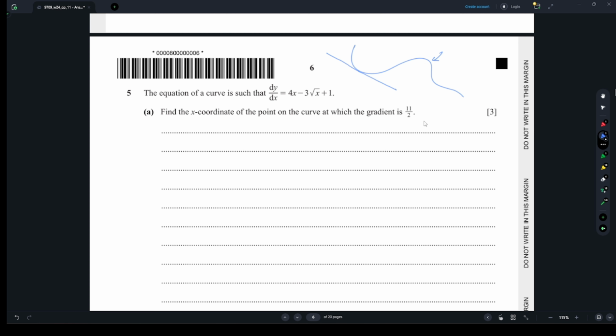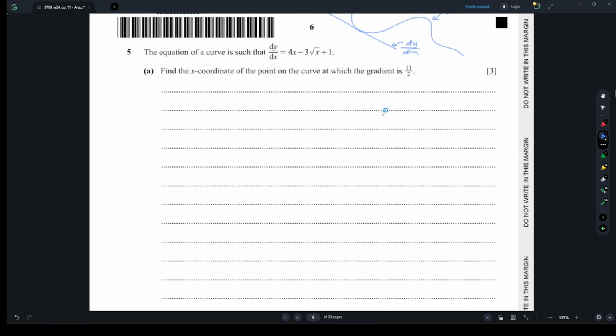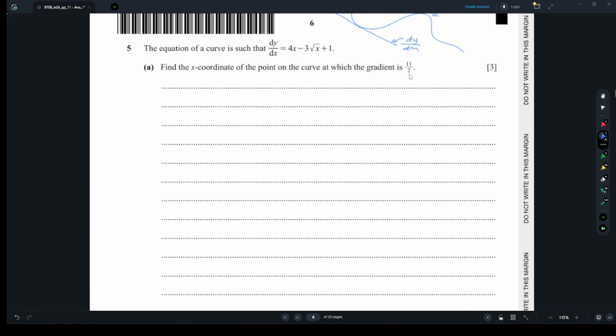Okay, so let's say this is the equation y. The gradient is given by dy over dx, right? So here they gave us dy over dx, and that is the general equation of the gradient, and the gradient value they gave us. So what we can do here is just equate them.